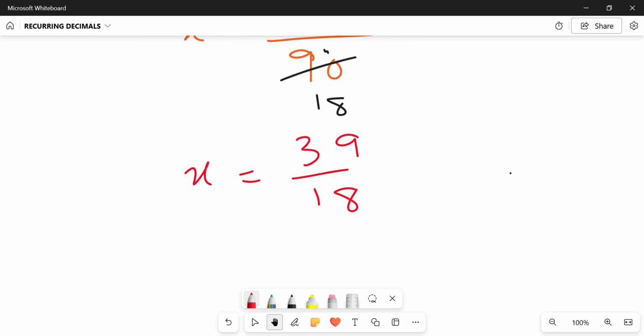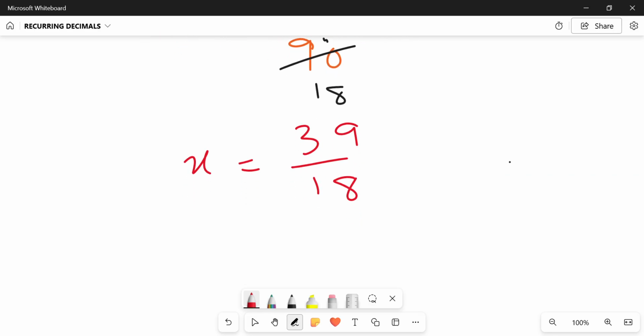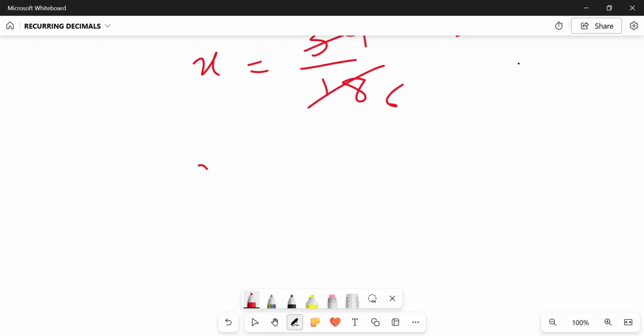Now we can still divide by the 3 times table. So 3 6s are 18, 3 13s are 39. So here we are left with x equals 13 over 6.